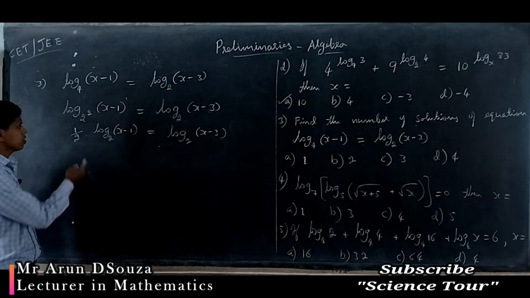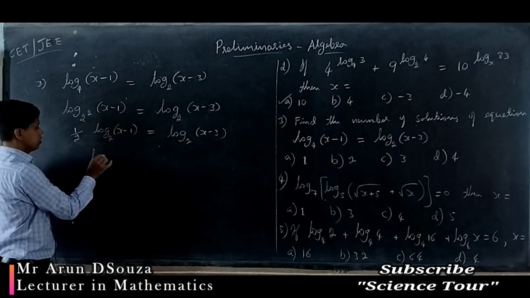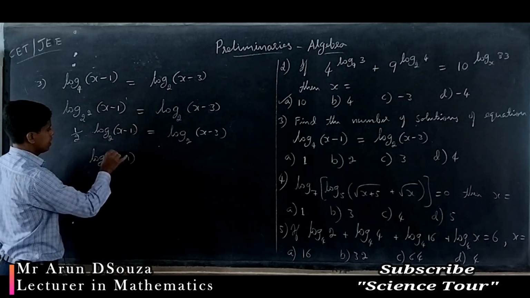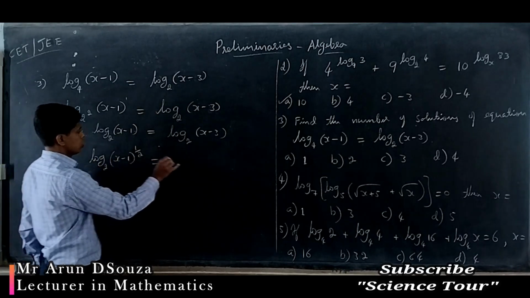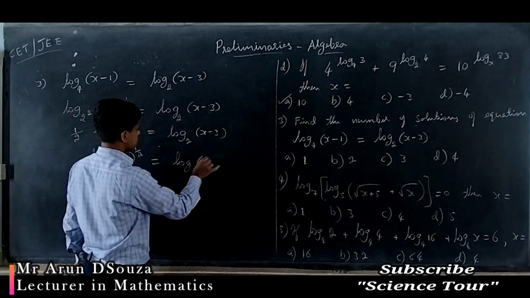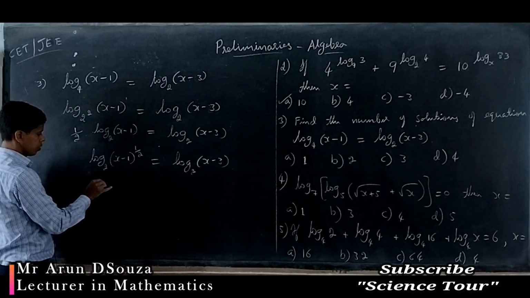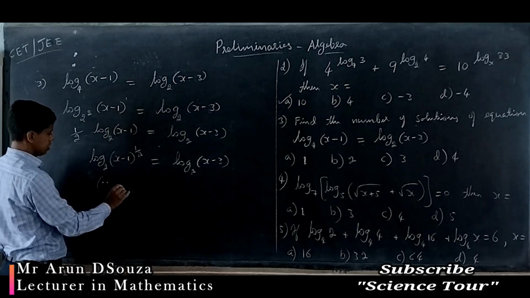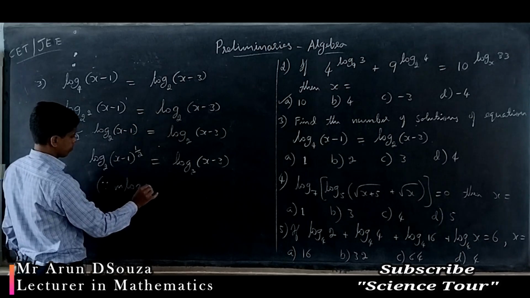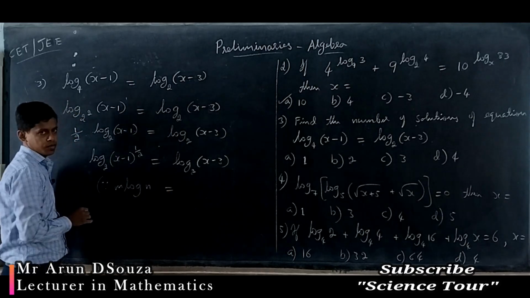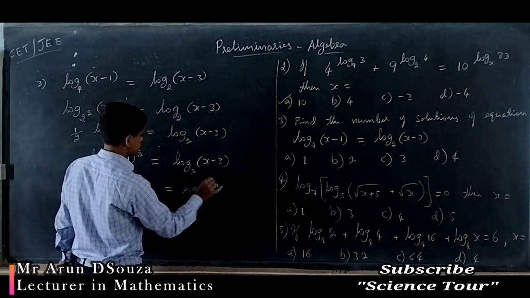Now you have something before log. What happens to that? That becomes power here. Now this is log (x minus 1) to the power half and the base is 2, and this is log (x minus 3) to the base 2. And what is the reason now? The reason is log of n raised to m.